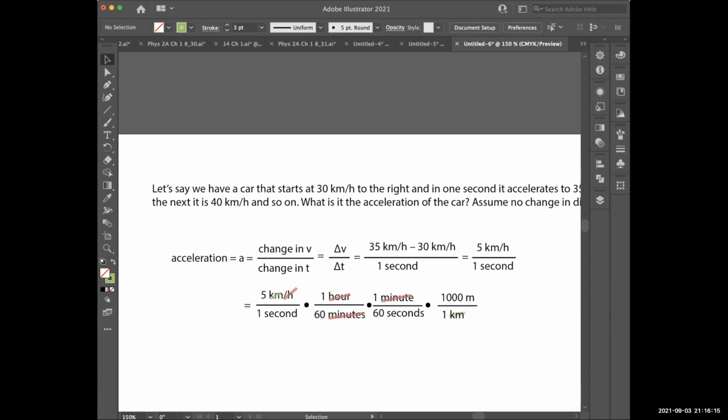I get a final answer of a equals 1.389, or just 1.389, right? 0.139 meters per second squared.